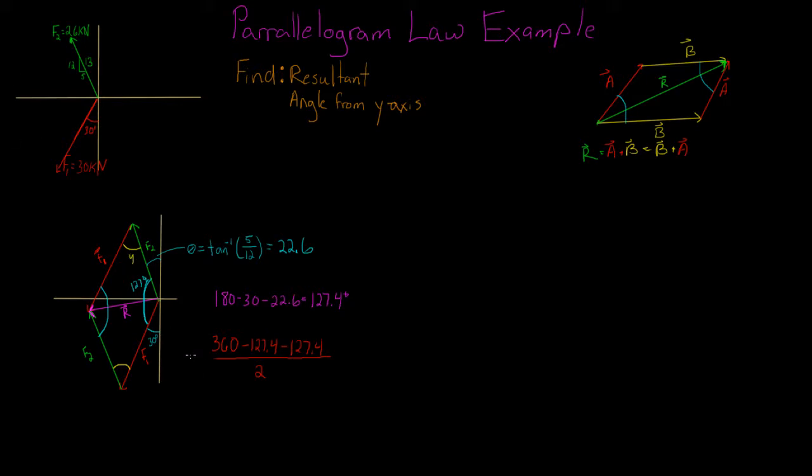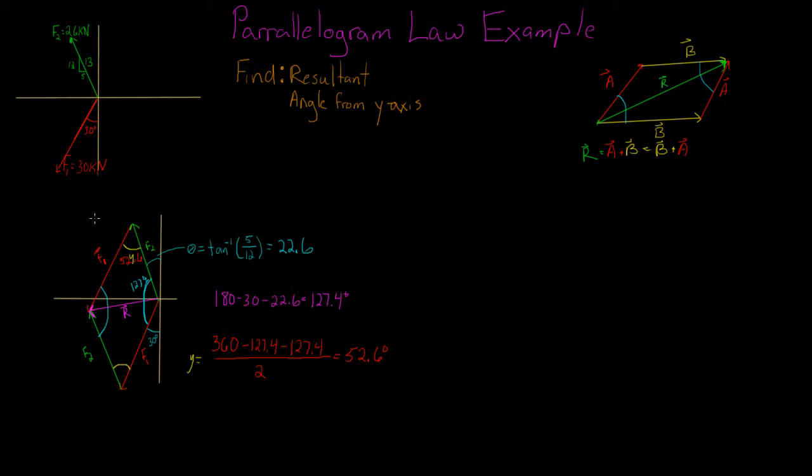So gamma is equal to this total angle, 360 minus 127.4 minus 127.4, divided by 2. And this is going to give us an angle of 52.6 degrees. So this right here is 52.6.